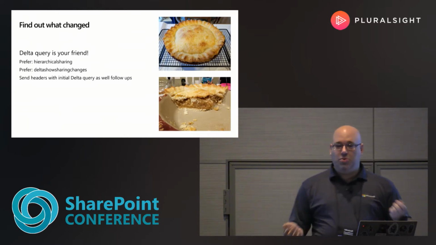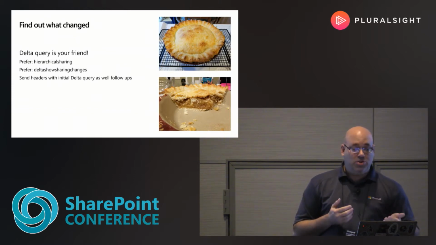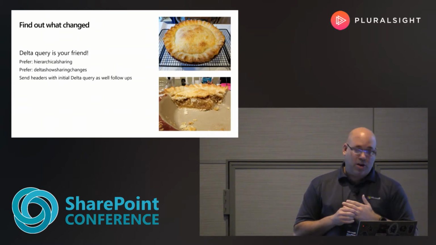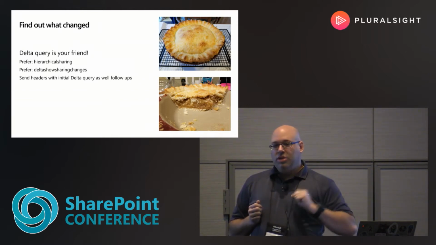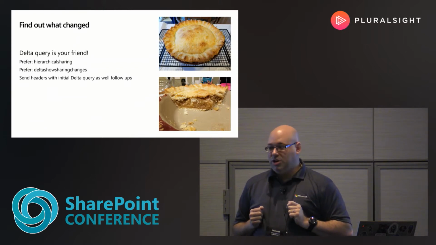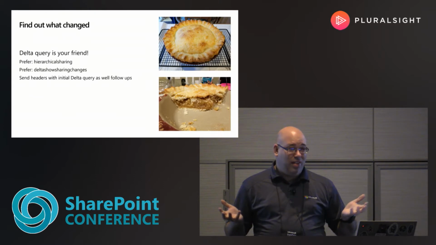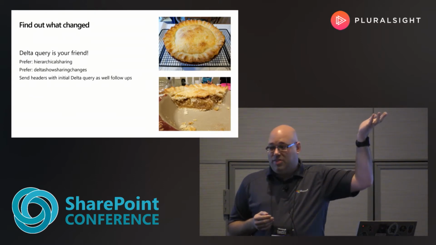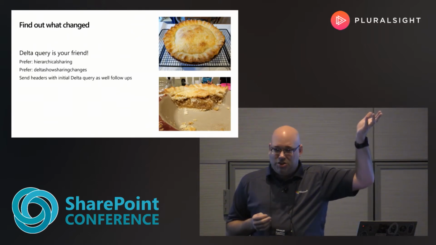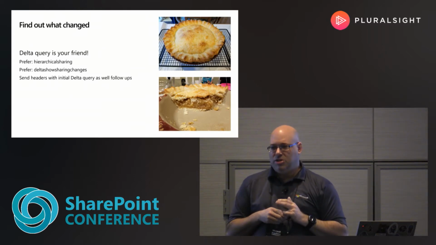There are a couple of things you can pass in as preference headers that will modify that behavior. First, you can pass a flag called Hierarchical Sharing, and what this will do is only return you permissions information on items that have unique permissions. If you think about the way a lot of SharePoint sites are architected, you probably only have unique permissions at the top level. Like your site collection is probably at the top, and then maybe you've got some individual document libraries that might be permissioned differently.